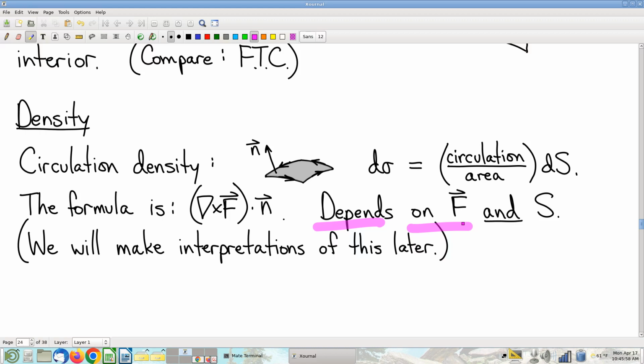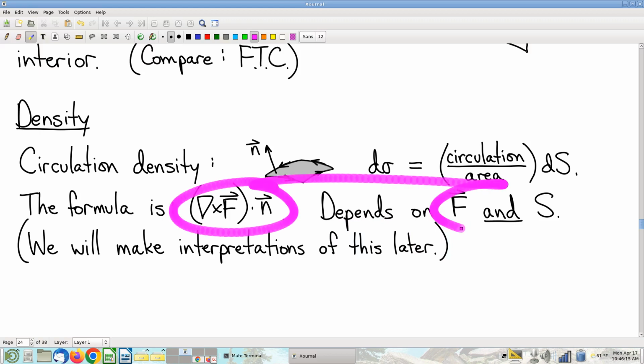It's the partials of P, Q, and R with respect to x, y, and z. You can compute it only knowing the vector field. Sadly, weirdly, disturbingly, not so for circulation density in space.